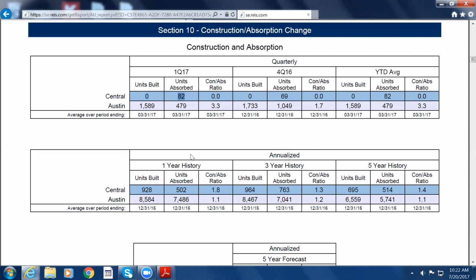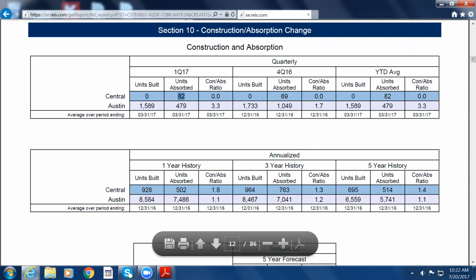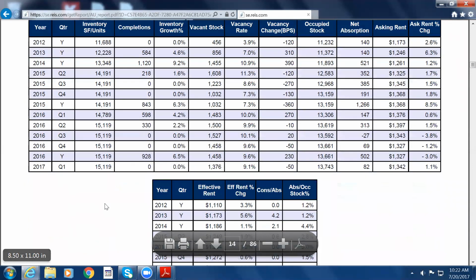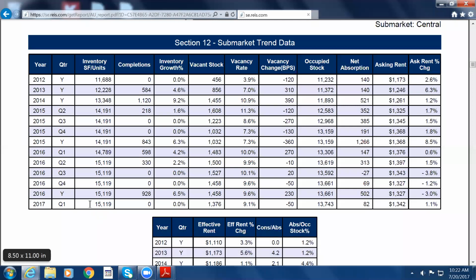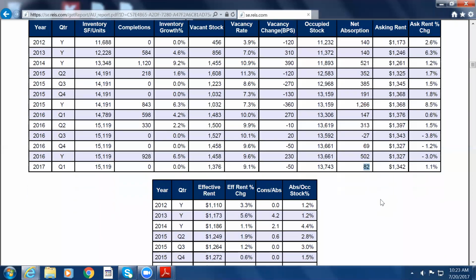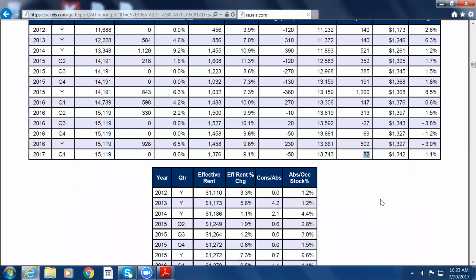And if you wanted to get a better picture of what kind of pool we're looking at, I'll just jump back down here to that spreadsheet or this chart. Here we go, 15,000 units total. So 82 within that last quarter. And there you go. So hopefully that answers your question. If not, please let me know.